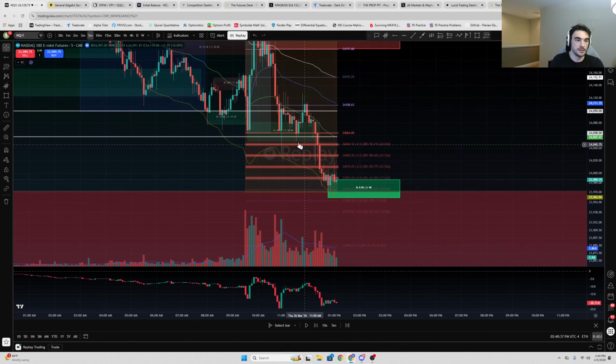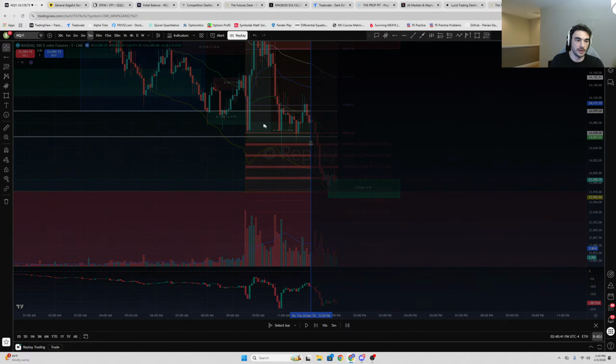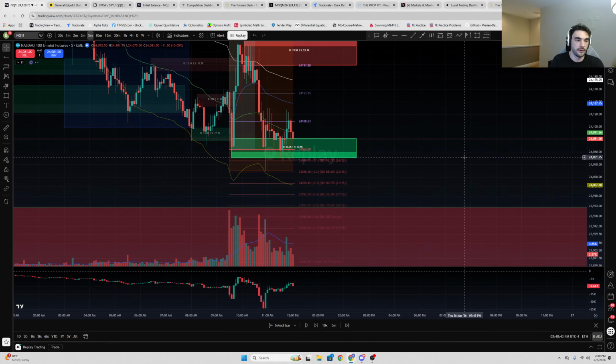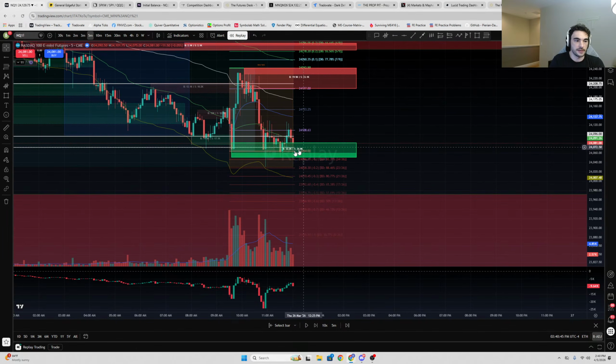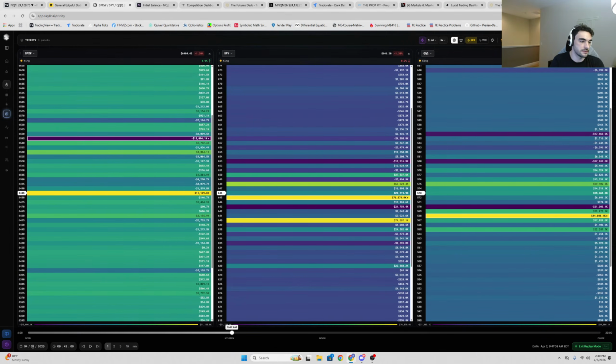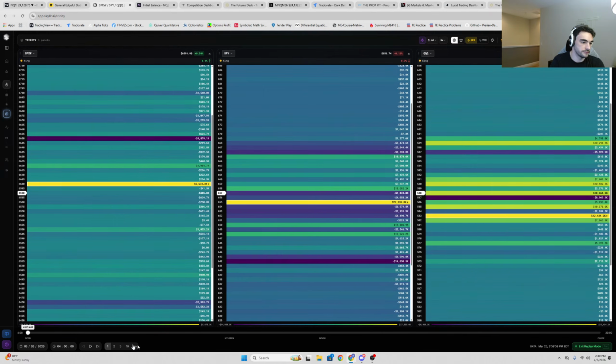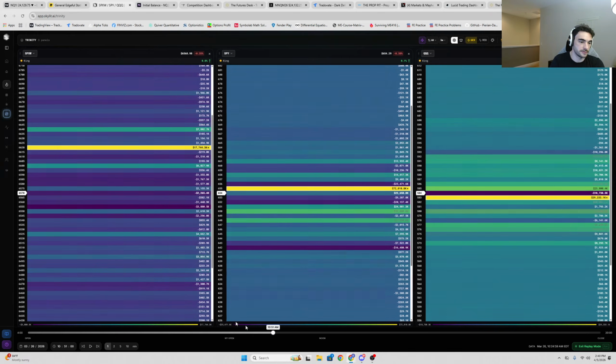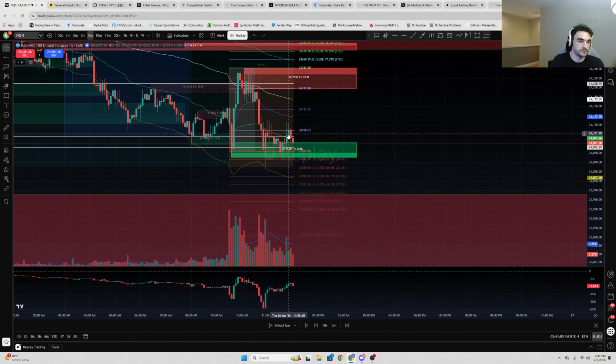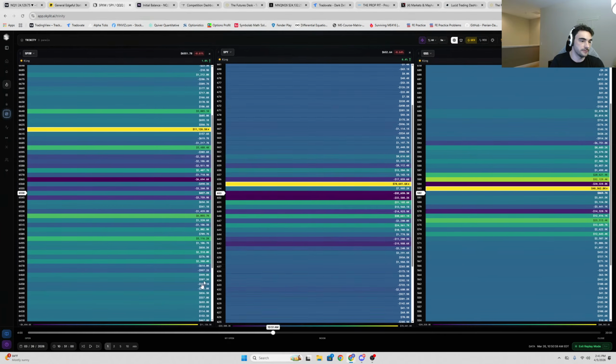Once I see this, if you see this rejects at the 25% level, and then you're right here, this zone's going to break. And if I pair this with gamma, so this is the 26th. At what time is this? This is right at 11:50.